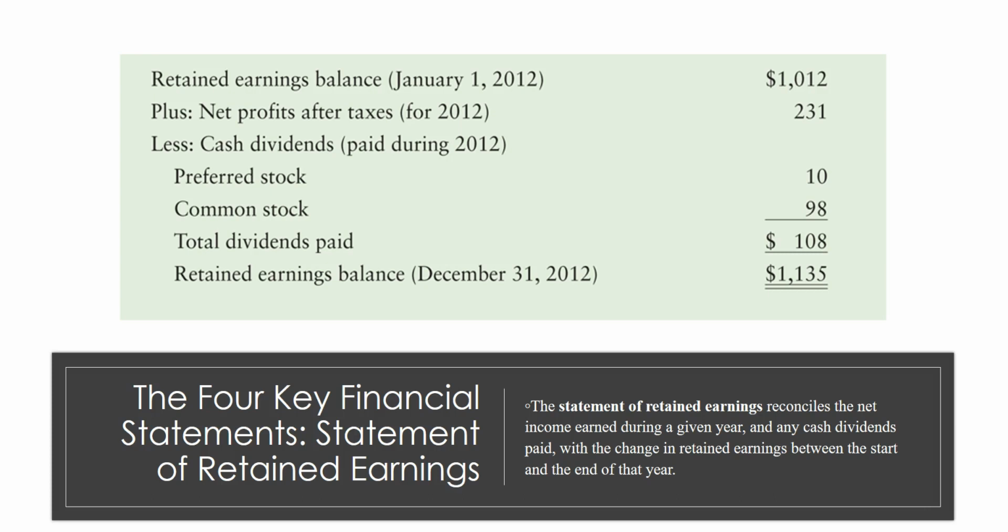They paid dividends to the preferred stockholders of 10. I'm sure this is in thousands or millions. And to common shareholders, 98. So total dividends were $108. So their retained earnings balance went from $1,012 to $1,135. So the net increase in retained earnings for this company was $123.